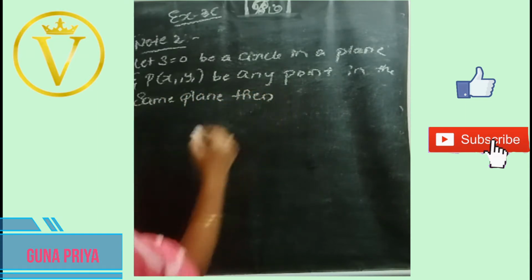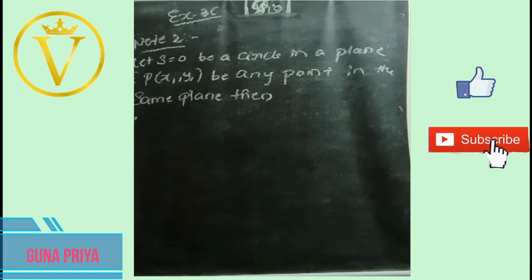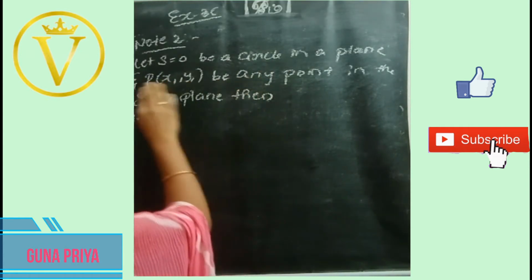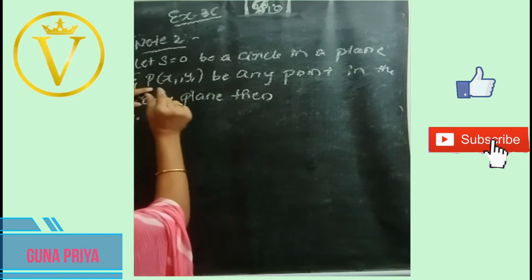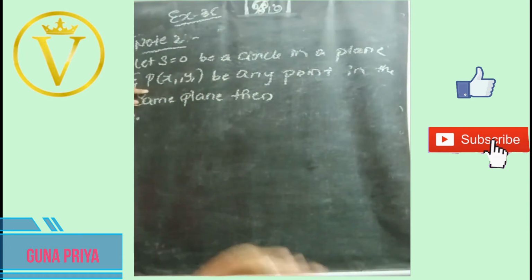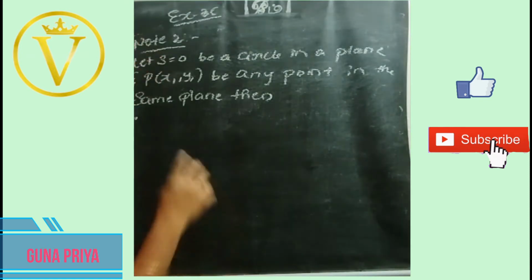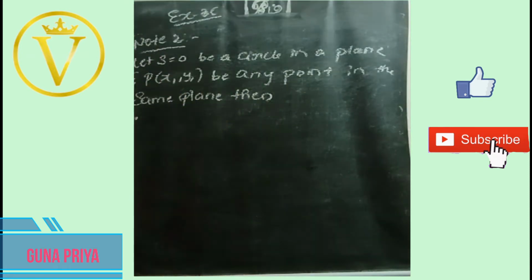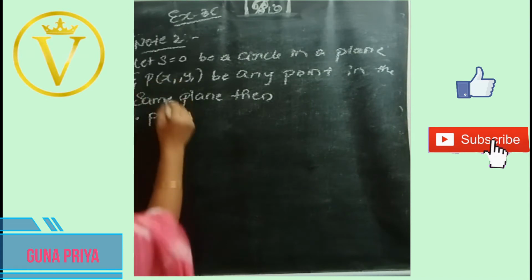The condition they have said: S equals to 0 is a circle in a plane, and the point x1 comma y1 is any point in the same plane, then what will be the first note?